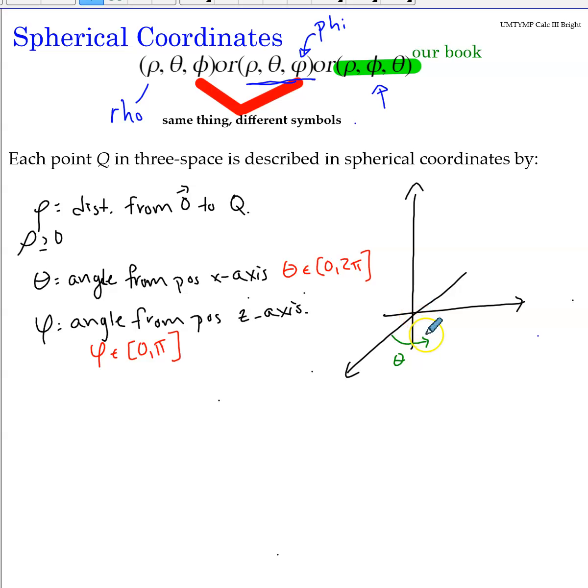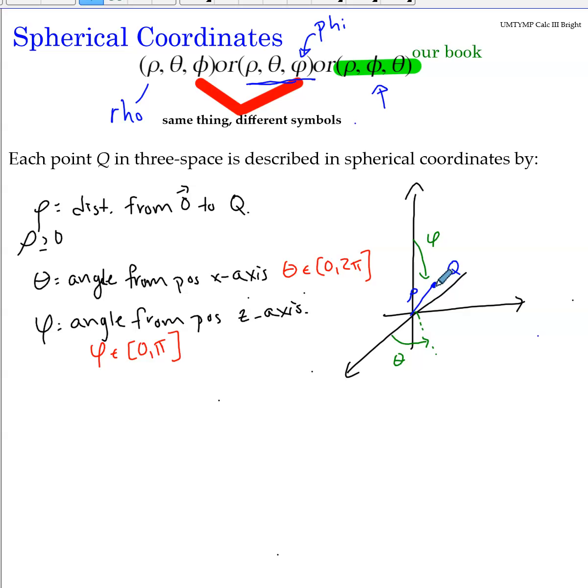We're going to rotate, so we're on this plane that would meet along this line, and on this plane we're going to come down by phi, and then we should be saying that our point Q is right there, and then rho is going to be the distance from the origin to point Q. Generally when I do this, I rotate by theta, then come down by phi, and then extend along that plane by rho to Q.